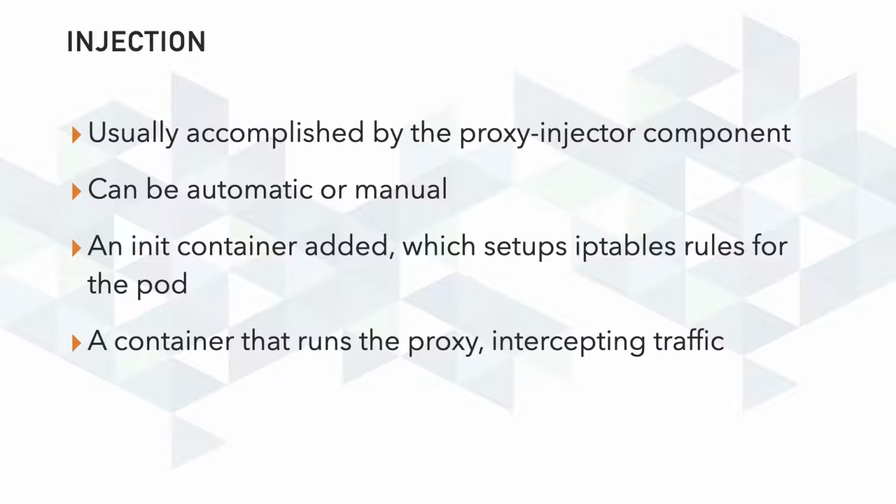And the essence of it is that your pods are modified to include an init container, which is responsible for setting up the IP tables rules for the pod, so all the traffic can go through the proxy. And then there is the sidecar container that runs the proxy itself, intercepting all of your traffic.